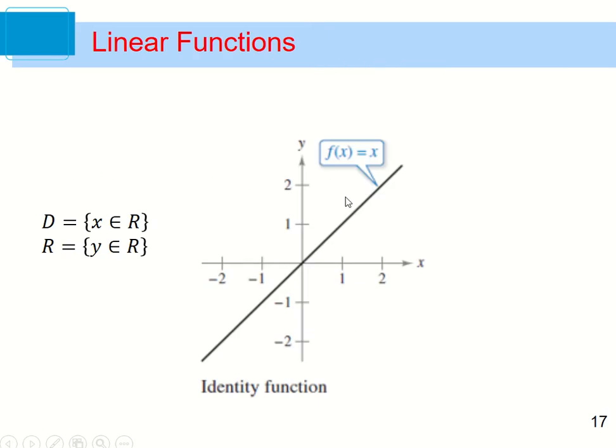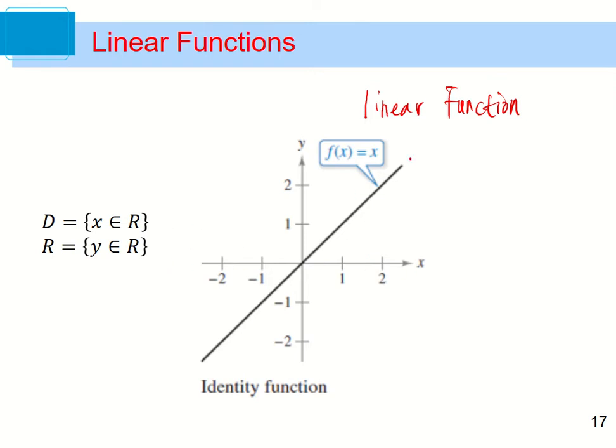According to the graph here, this is called a linear function, and it is a straight line. For a linear function, what are the possible values of x?